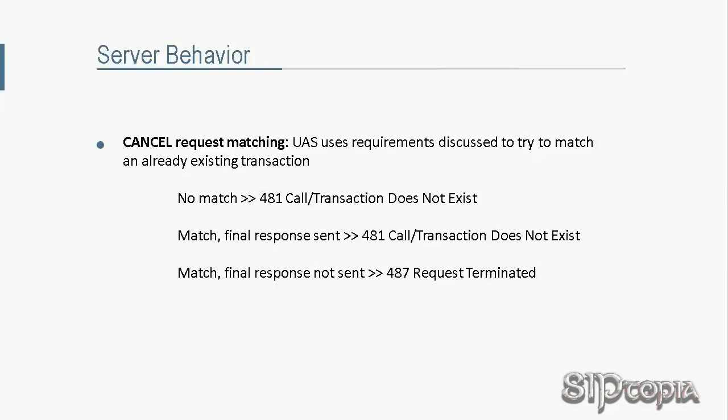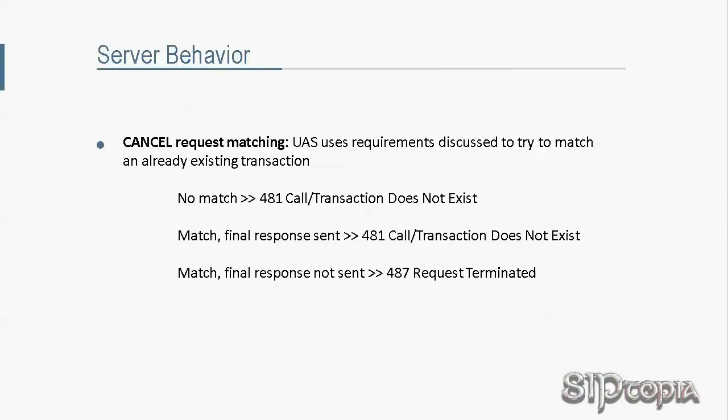If an existing transaction does not match the CANCEL request, the user agent server sends 481 Call/Transaction Does Not Exist response. Either the user agent client is hallucinating, or more possibly, the respective transaction already resulted in the production of a final response and there is nothing left to cancel.